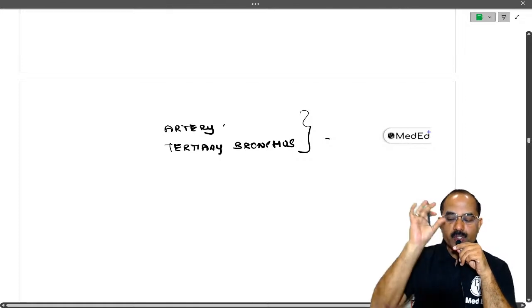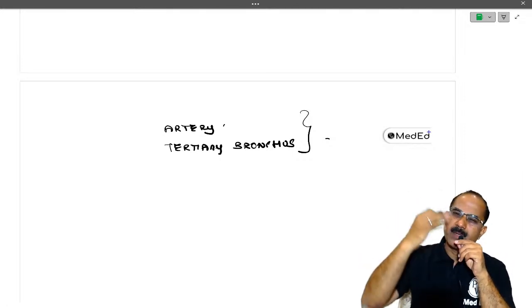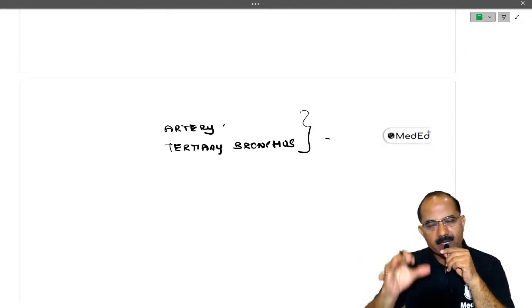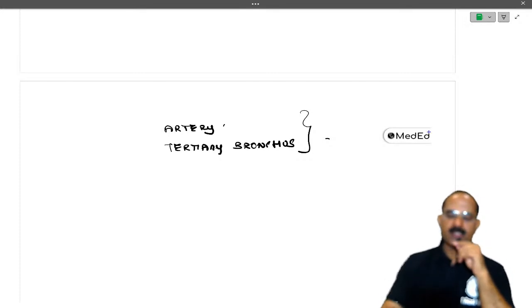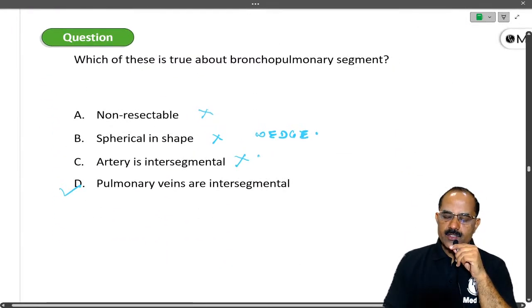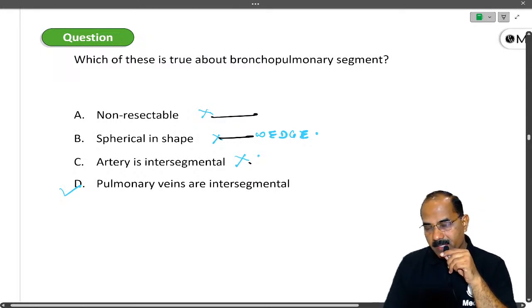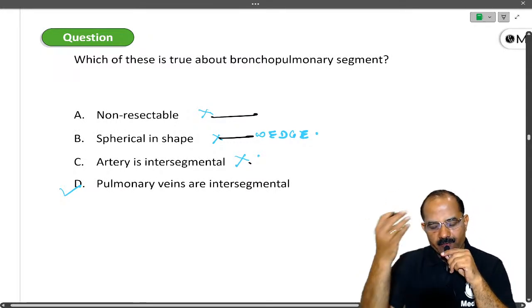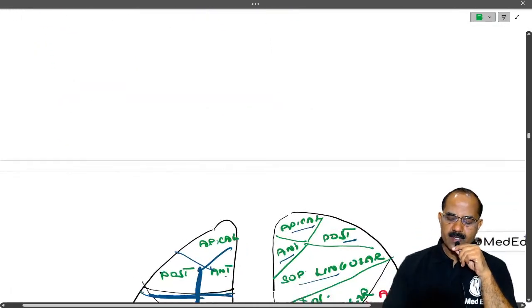The veins do not belong to one particular segment. The veins are said to be intersegmental. Okay, veins are intersegmental. So I hope this is clear to all of you. Artery is not intersegmental. Who's intersegmental? The pulmonary veins. Perfect.